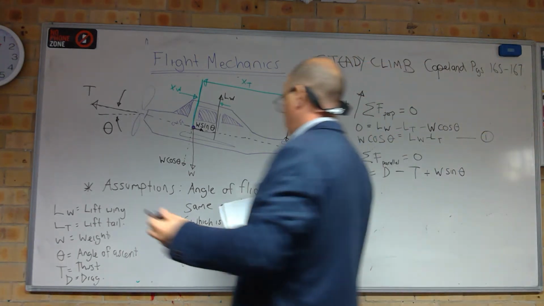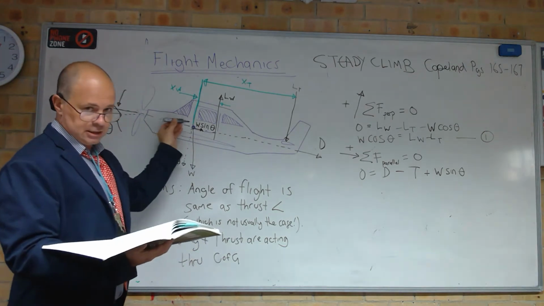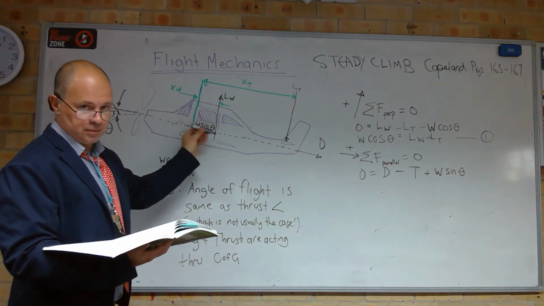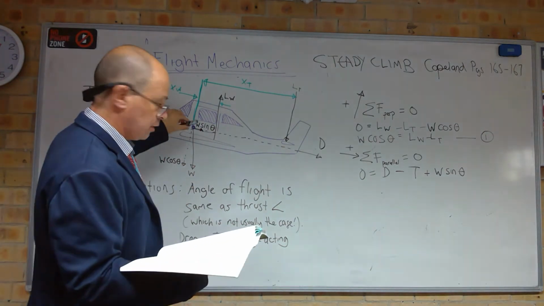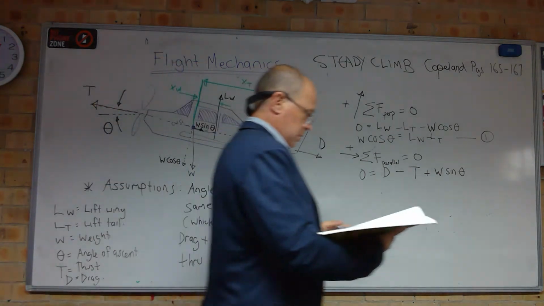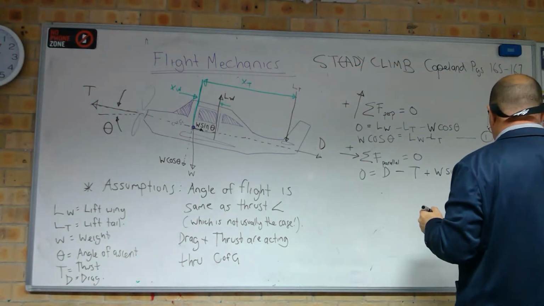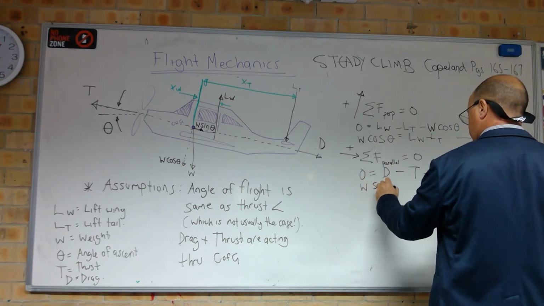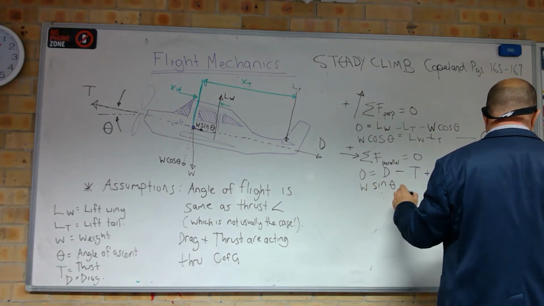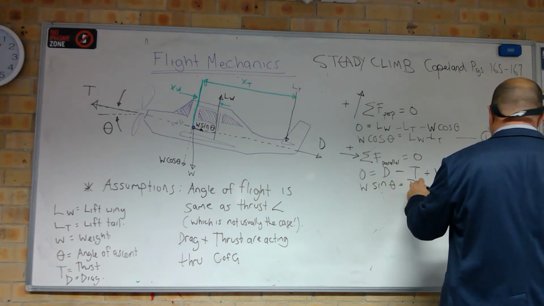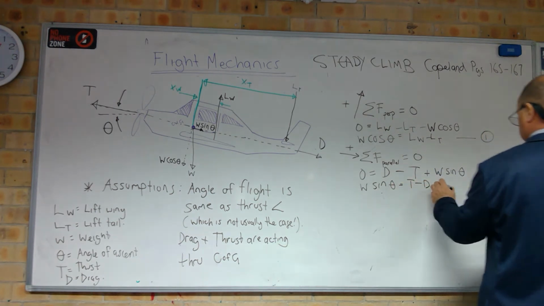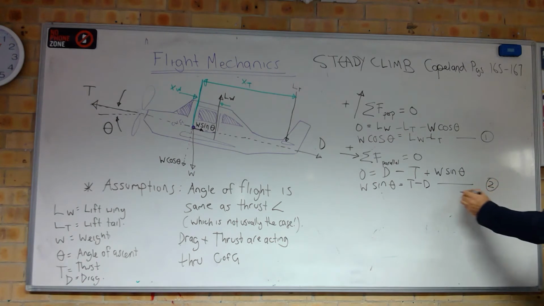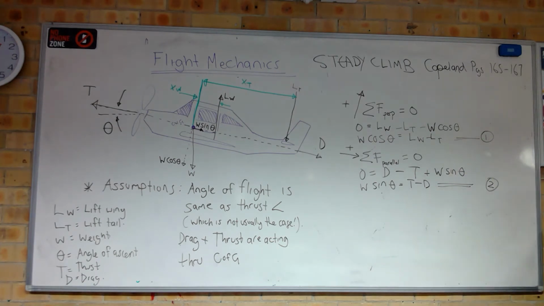And that is that weight component here acting in line with the angle of climb. That gives us a final equation of W sine theta is equal to T minus D. I'm going to call that equation 2.